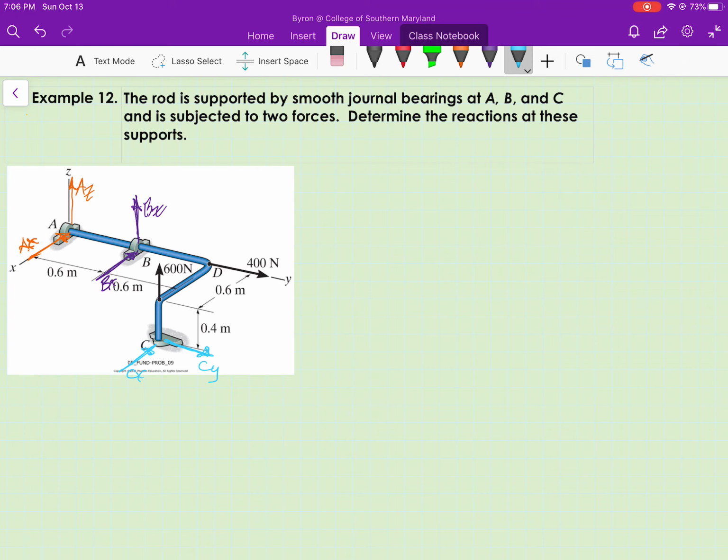So I have a total of 6 unknowns here. I'm able to write 6 equilibrium equations for a 3D rigid body problem. So I should be able to solve for each of these unknowns.